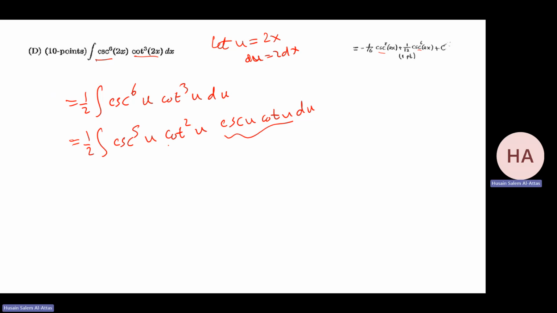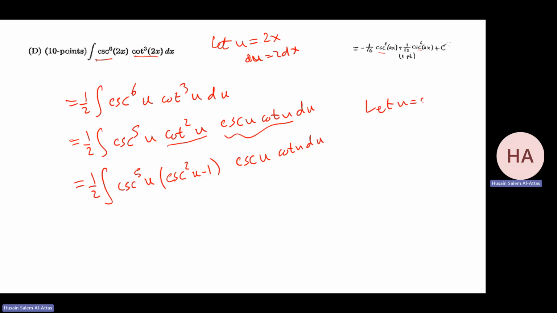So cotan squared, let's change it into cosecant. I have half the integral of cosecant to the power 5 u times cotan squared. What is cotan squared? This will be cosecant squared minus 1. I know 1 plus cotan squared equals cosecant squared. So cotan squared is cosecant squared u minus 1, times cosecant u cotan u du.